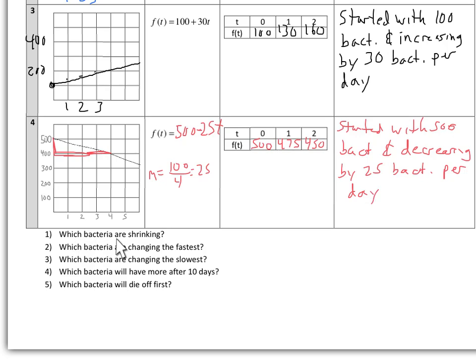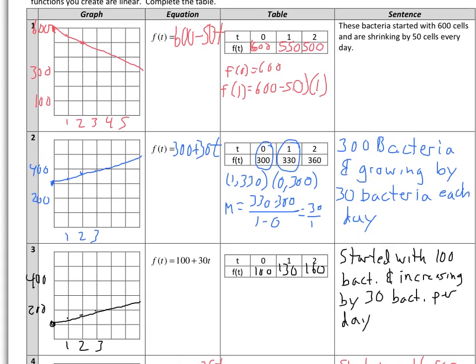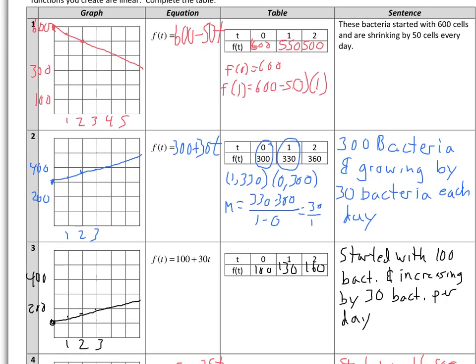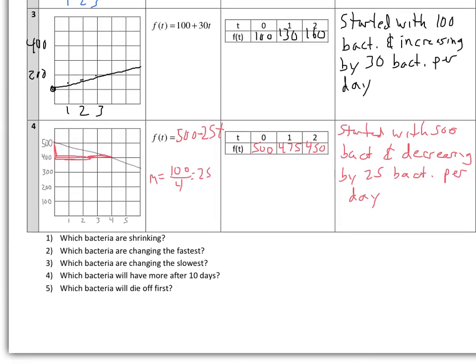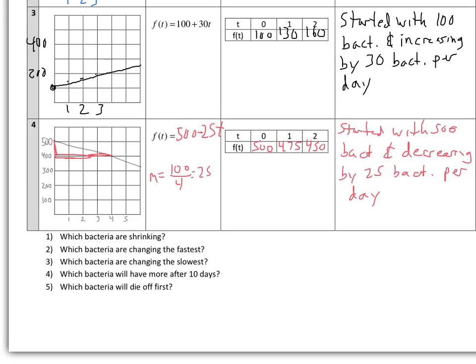So, which bacteria are shrinking? Now, if you look at your chart, what you'll notice is, can you tell number 4 is going down from the graph? And if you pull this down, can you also see number 1 is going down? Isn't that easiest to look at the graphs? So is everybody okay with, I can just put 1 and 4? Would that be right?